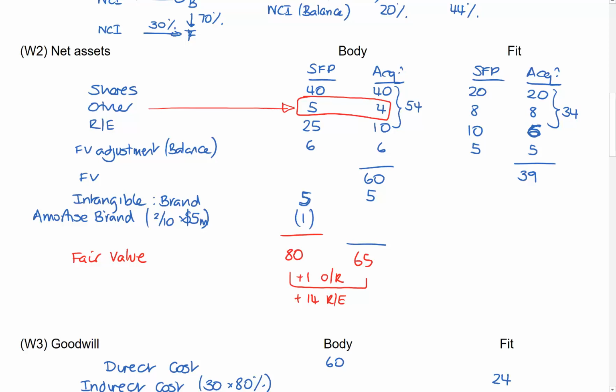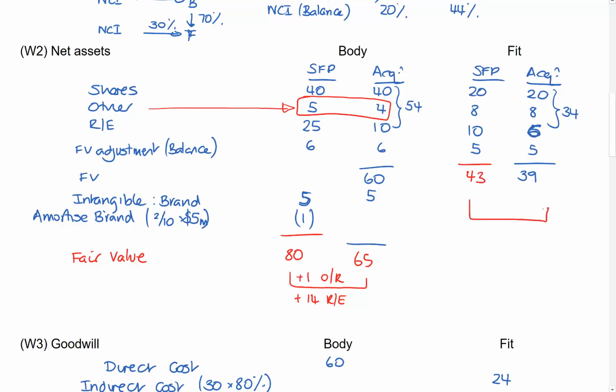Other reserves have increased from 4 to 5. So therefore other reserves have increased by 1. If our total increase in net assets is 15, and we're going to say 1 of that is due to other reserves, then the other 14 must be due to retained earnings. If we now turn our attention to FIT's net assets at the SFP date are 43.